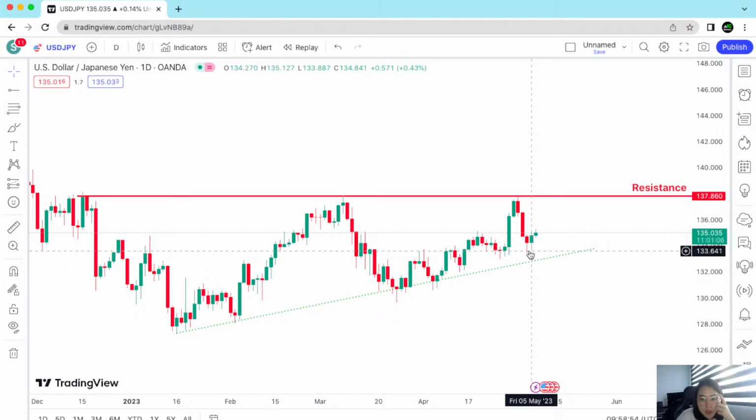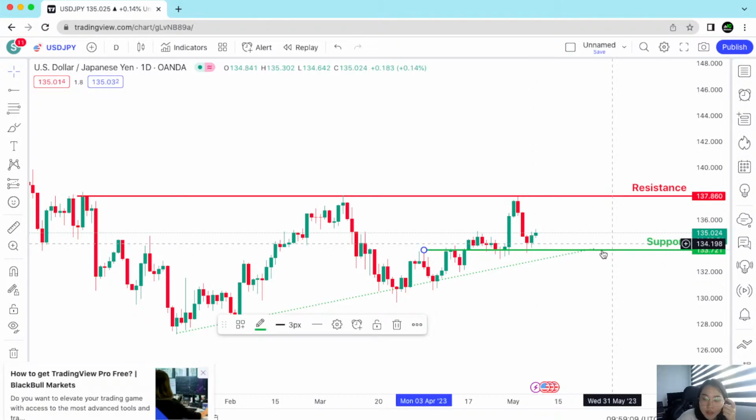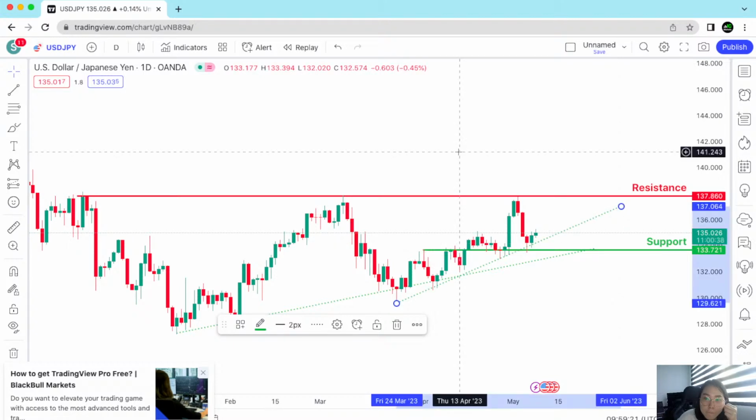Also, depending on how you want to draw your trend line, you can also draw it this way. Okay, we'll just stick with this for now.